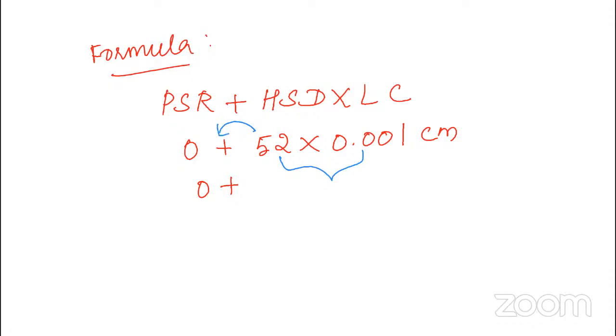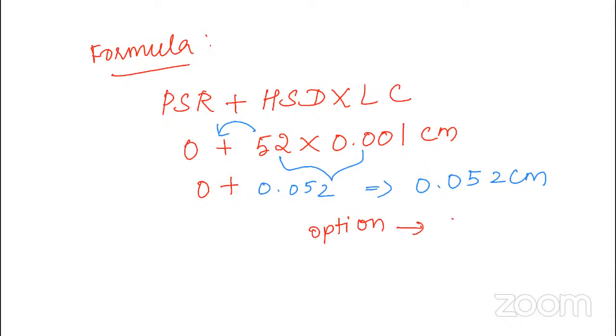So here it is 0.052, and adding all these values, it is also 0.052 centimeter. So option C is the correct one.